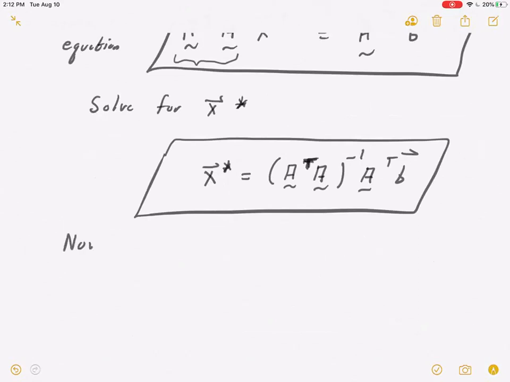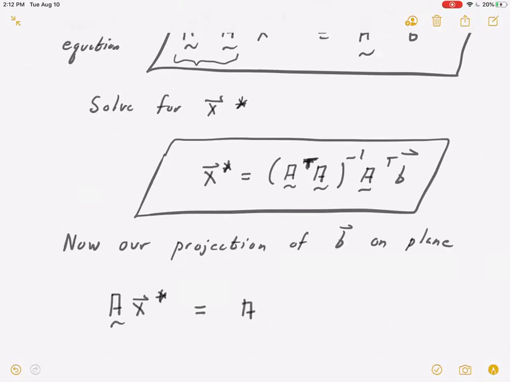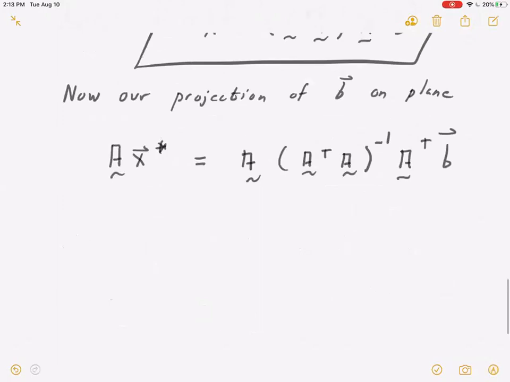And now our projection of B on the plane is simply given by A times X asterisk, which is going to be A times the inverse of this matrix product times A transpose B. So you can see here that it's convenient.